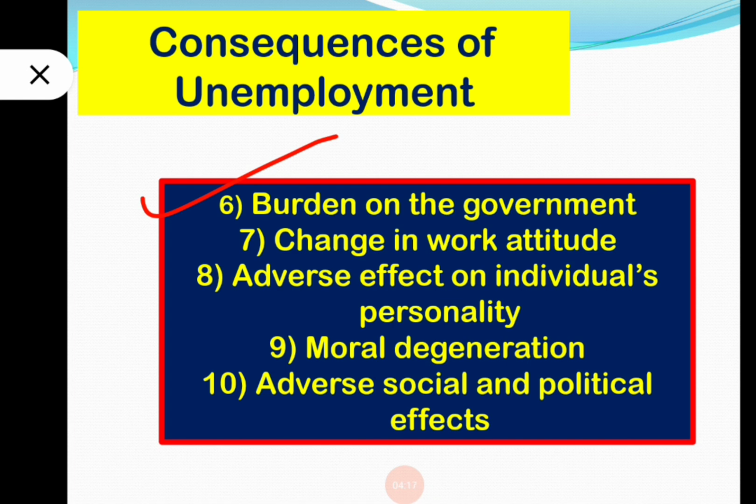So, obviously, it poses a financial burden on the government also. The government has to undertake various programs to generate employment opportunities for unemployed persons both in rural and urban areas. So, that is one of the most important consequences of unemployment.